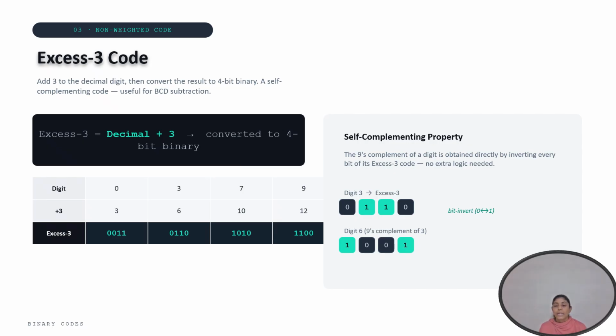So this self-complementing property is nothing but this: the 9th complement of the digit is obtained directly by inverting every bit of its excess 3 code. No extra logic is needed. So 0110 is converting to 1001, which is the ones complement of the excess 3.